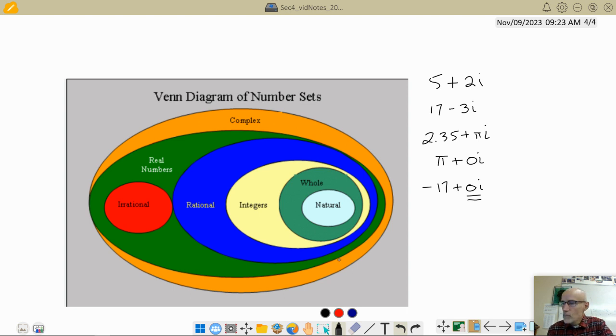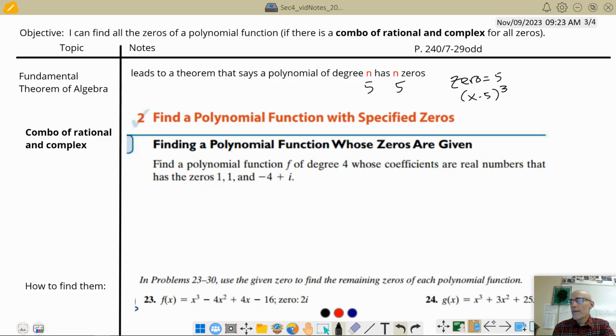So when we're doing these problems today, one thing that we have to understand is that complex numbers always have a conjugate pair that they come with. So here in this problem, they're telling us that the zeros are -4 plus i. Oh, and then it gives us just a plain old real number, 1, and another 1. So that's kind of weird. They list 1 twice. Do you see that?